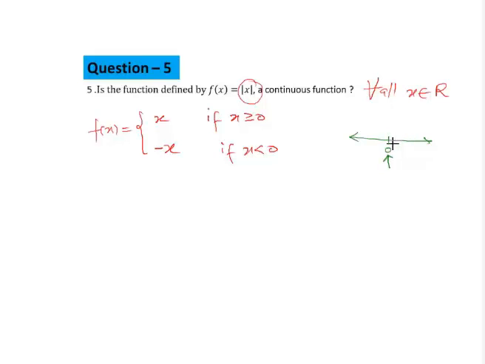We just take any number greater than 0. And then we check for x less than 0, which means x is a negative number. Similarly, we don't need to check every number. We arbitrarily take one number and check whether it's continuous or not. If it is continuous, it will be continuous for all.